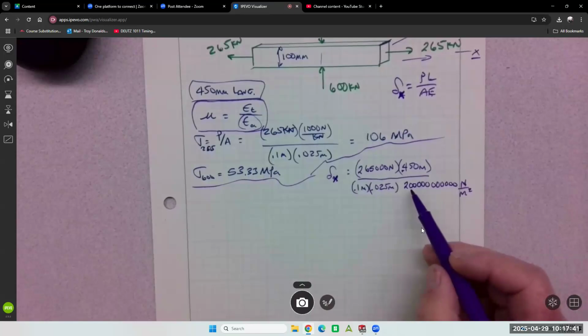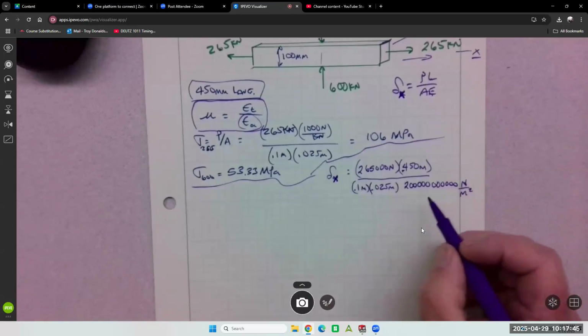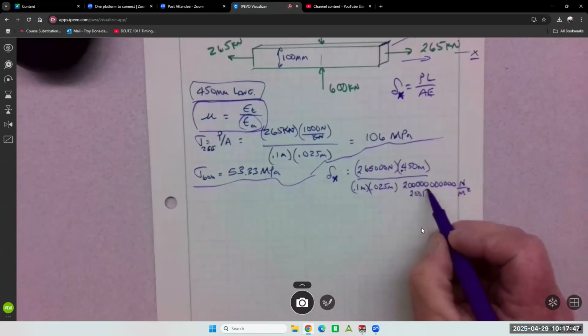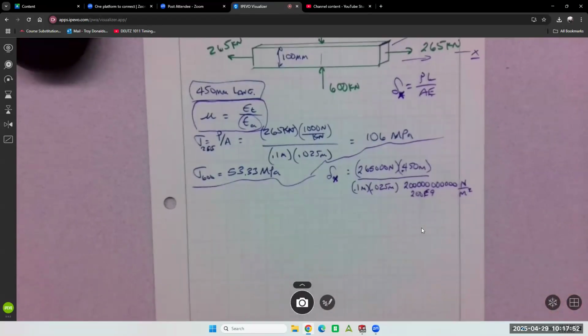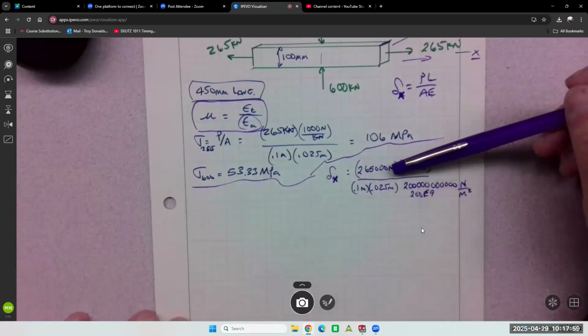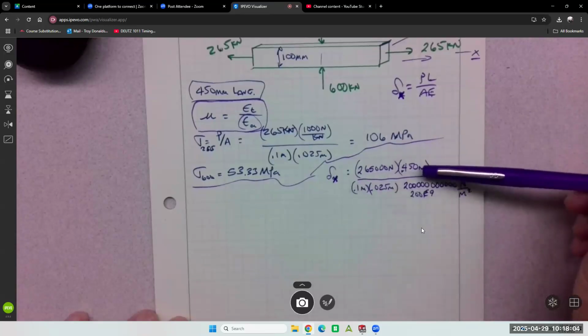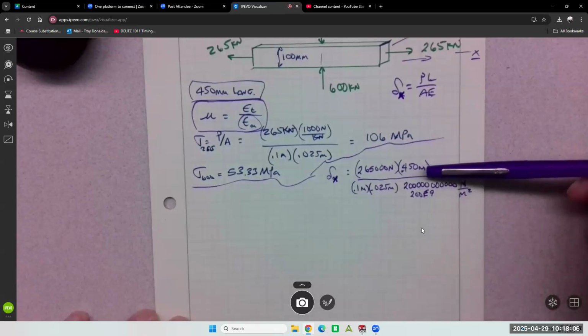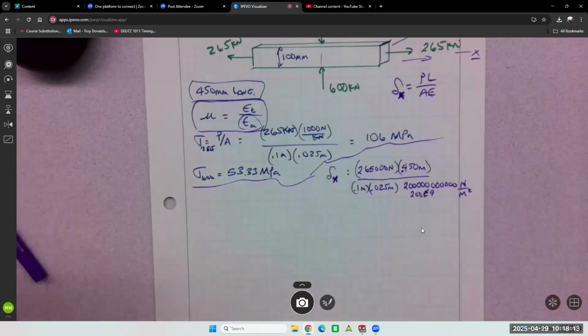So it's really 200 e to the 9. That's how I would write it without all those zeros. And then we have newtons, and everything is going to cross out. Newtons and newtons cross out, meters squared, and we're left with meters. All right, see if we can crunch this.